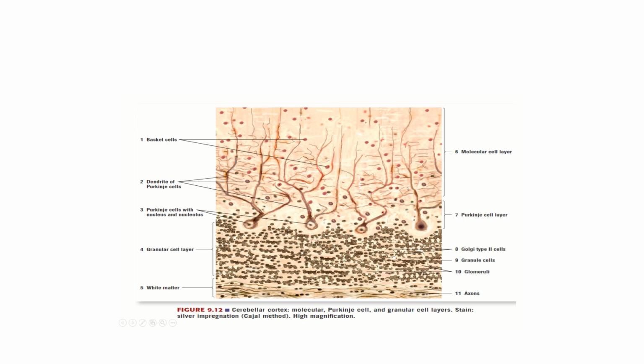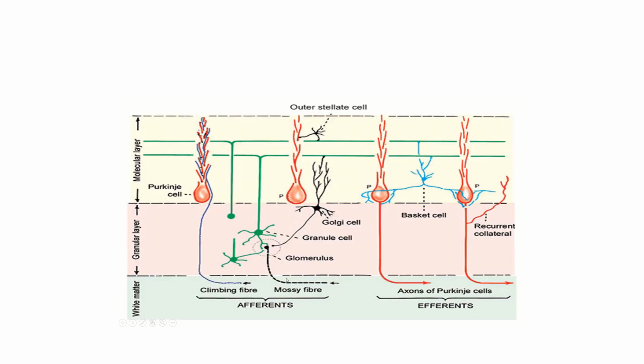So this is the Purkinje layer and this is the molecular layer. Now you can see this is a mossy fiber, which is the complete sensory input, except the olivocerebellar. The mossy fiber is forming a glomerulus here with the granule cells and Golgi cells. You can see the granule cell axon entering the molecular layer and dividing like a T and forming the parallel fibers in the molecular layer.